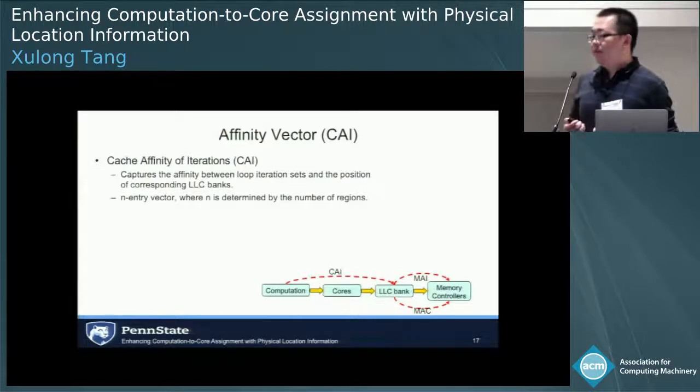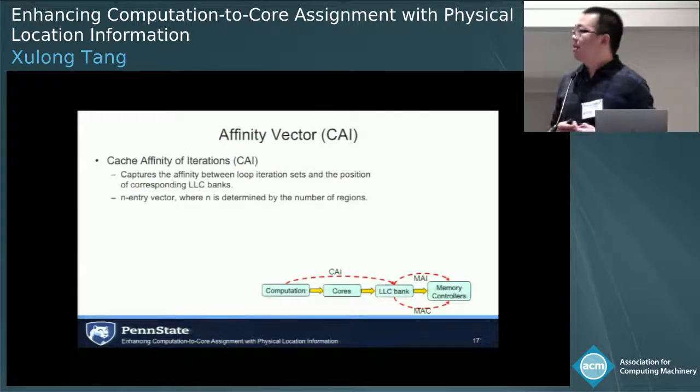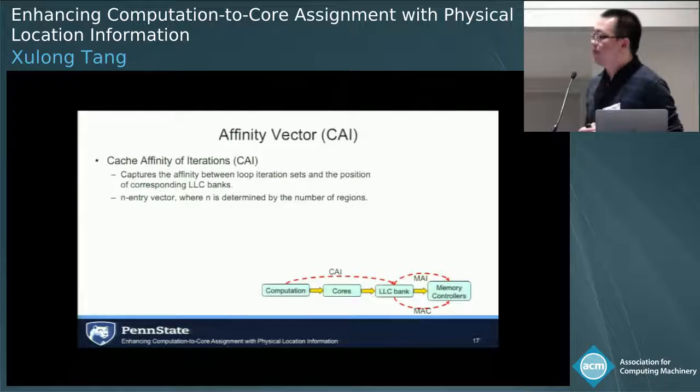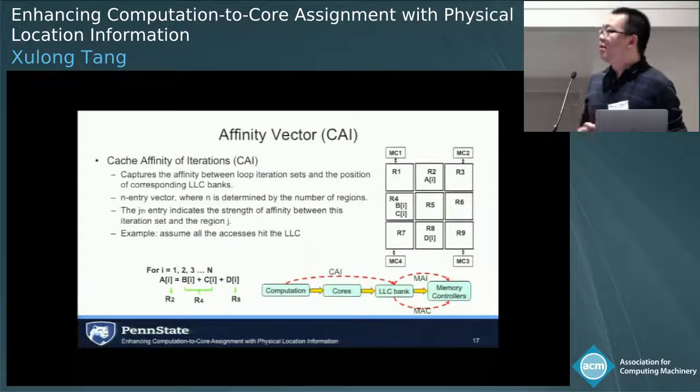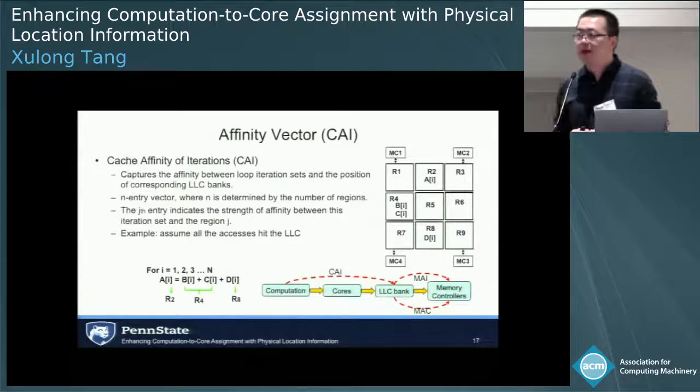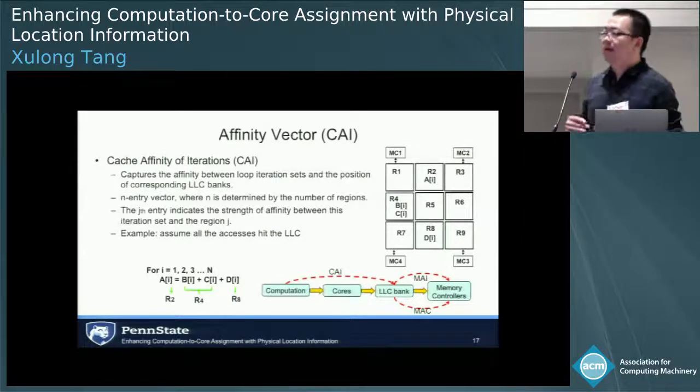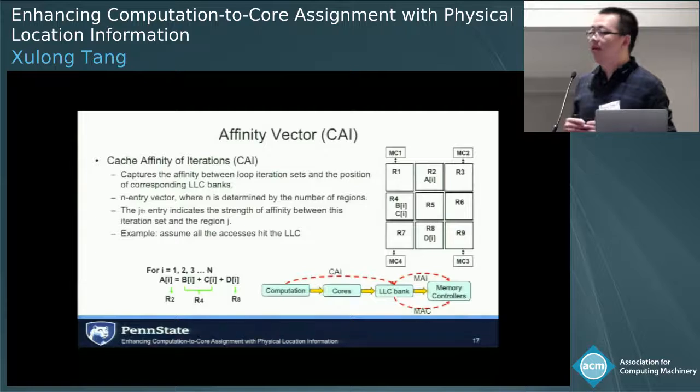So it's an n-entry vector, and the number n is determined by the number of regions in the system. So the jth entry in the CAI vector indicates the strength of affinity between this iteration set and region J in the mesh system. For the example here, we use the same example, but this time we assume that every access is going to hit in the last level cache bank.